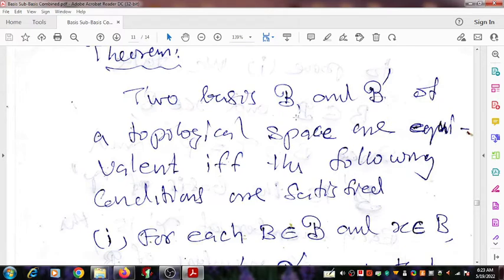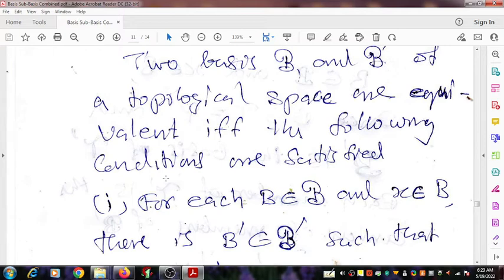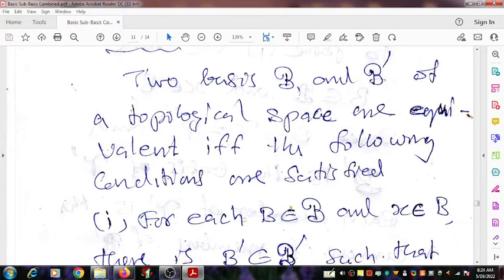Two bases B and B prime of a topological space X are equivalent. We say that they are equivalent if the following conditions are satisfied. When the two bases are equivalent, the corresponding topologies will be equal. So that is the condition for saying that two bases are equivalent.